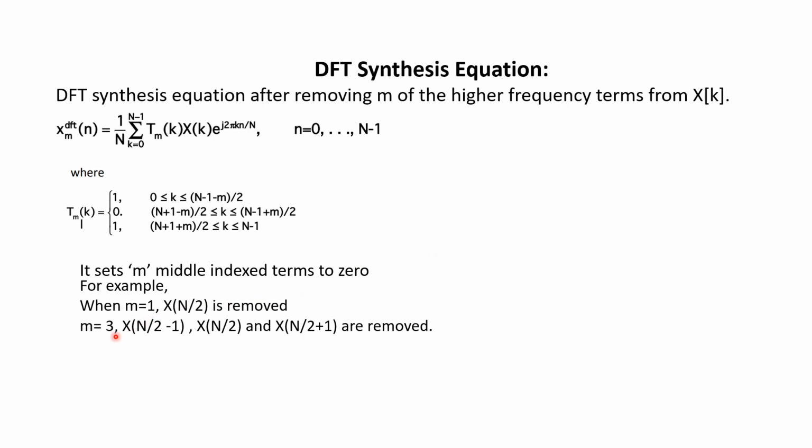Suppose m equals 3, the middle 3 terms are removed: X of N by 2 minus 1, X of N by 2, and X of N by 2 plus 1. So x_m DFT of n is given as 1 by N summation k equals 0 to N minus 1 of Tm of k into X of k into e power j 2 pi kn by N, where Tm is given here.